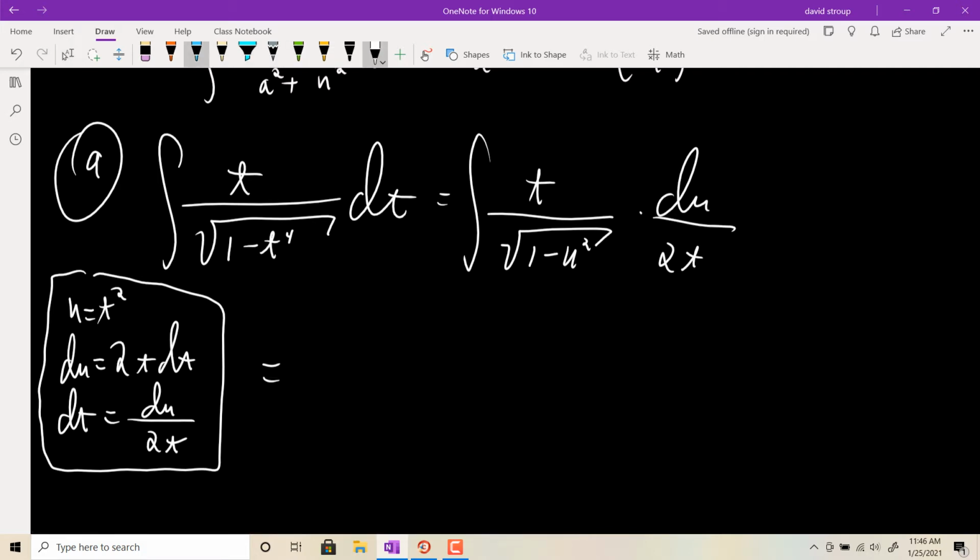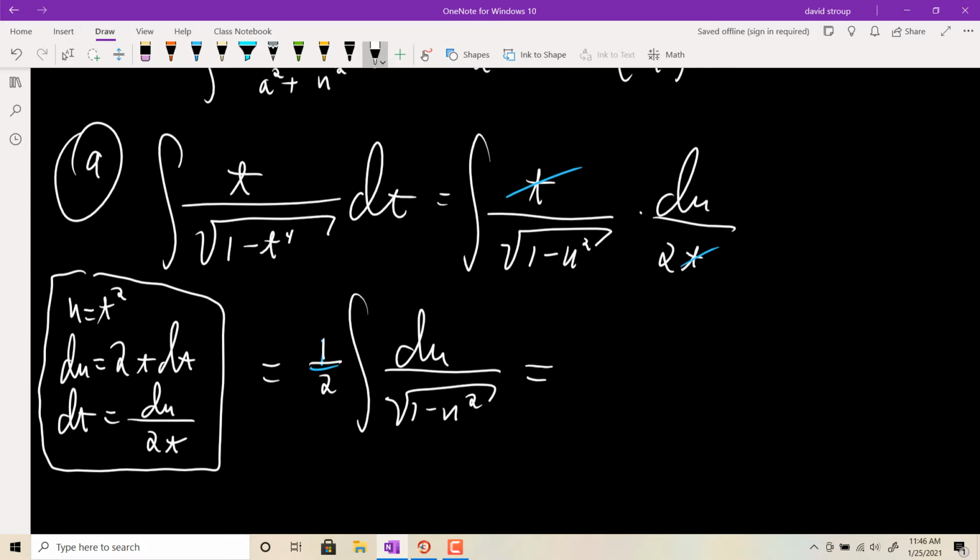So again, the t's this time magically disappear, and you can factor out 1/2. Integral of du all over the square root of 1 minus u squared. So now we have our form that we have memorized with an a value of 1. So it'll be arc sine.